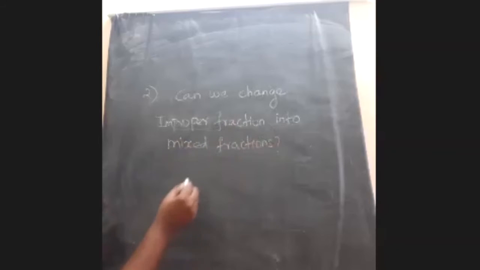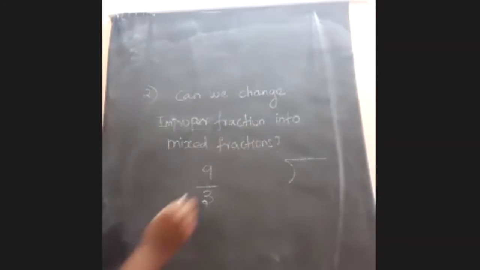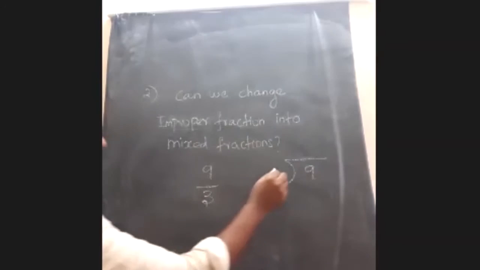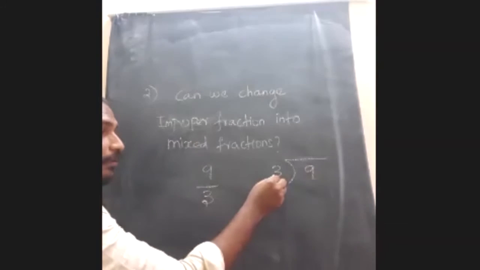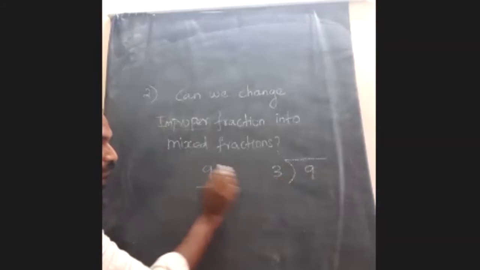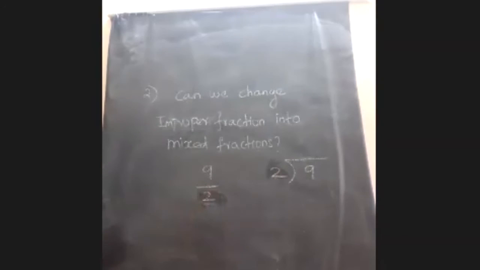How? This is 9 by 3. This is your numerator and this is your denominator. And you know about division. Here, put your numerator and here your denominator. Now what do we have to do? So let me take some other number, 9 by 2, because 3 will be exactly divisible into 9.